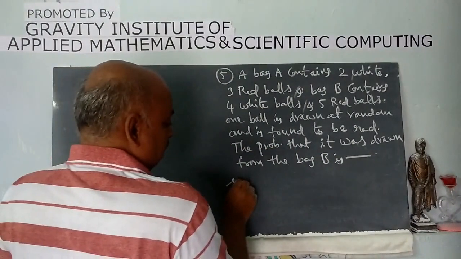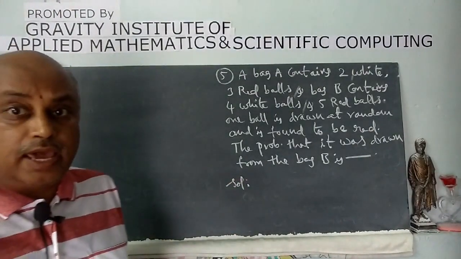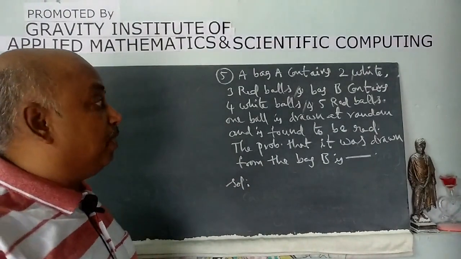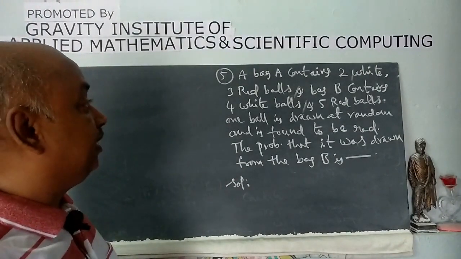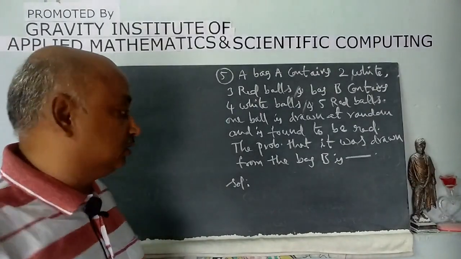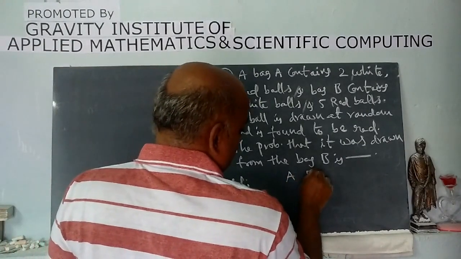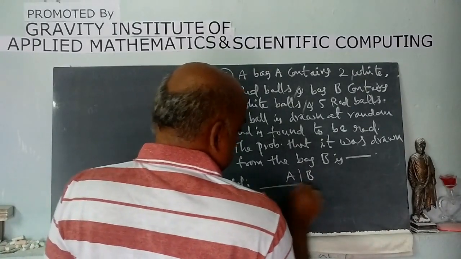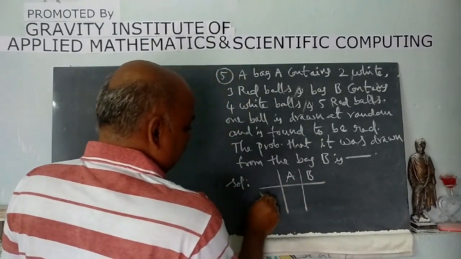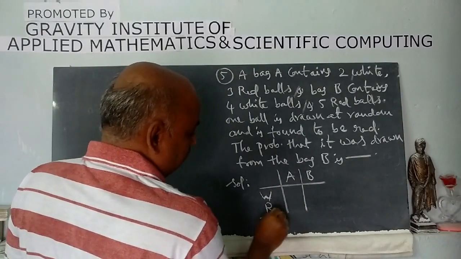Here is the solution. There are two bags, bag A and bag B. Bag A contains white and red balls. Bag B also contains white and red balls.